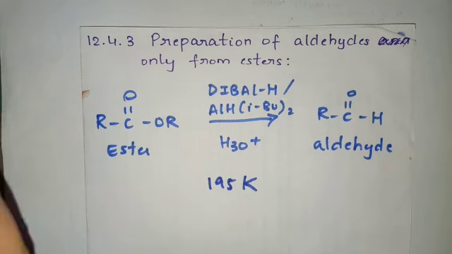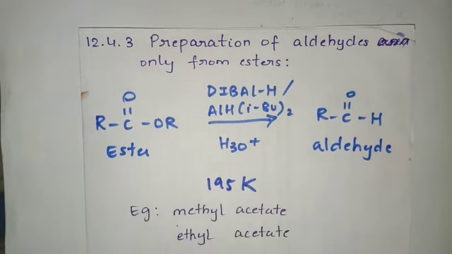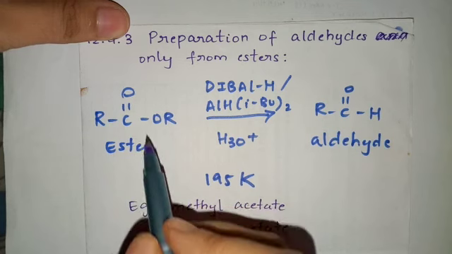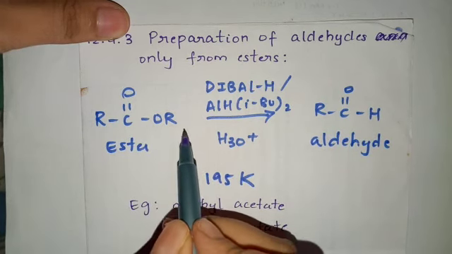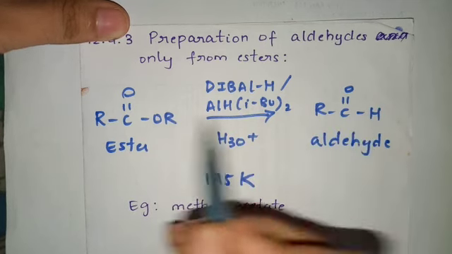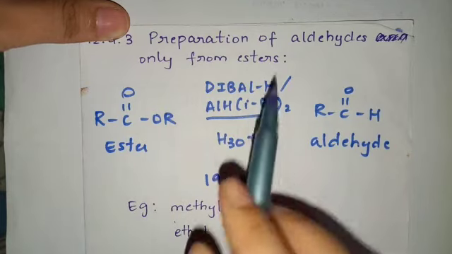So this is the last method of preparation of aldehydes and ketones. I want you to practice these two esters, methyl acetate and ethyl acetate. If you observe carefully here, the entire OR part goes away. No matter whatever alkyl group is over here, it is not going to come in the final product. Whatever is happening in between, we are not concerned about.